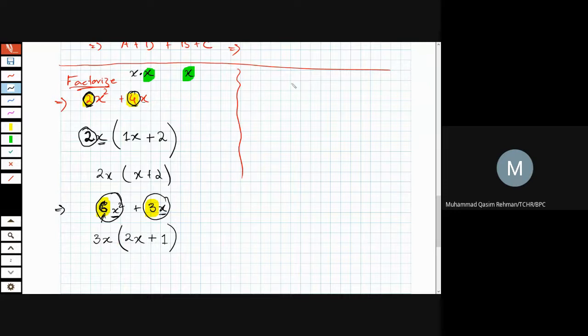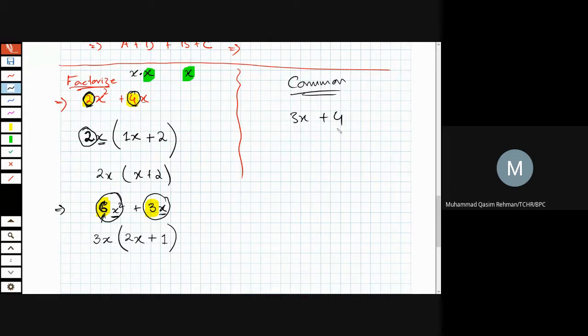Now let me tell you the actual meaning of taking common. Now what do we actually mean by taking a common? For example, 3x plus 4. These are the two terms, and if I ask you to take common, I'm not asking you to factorize it.